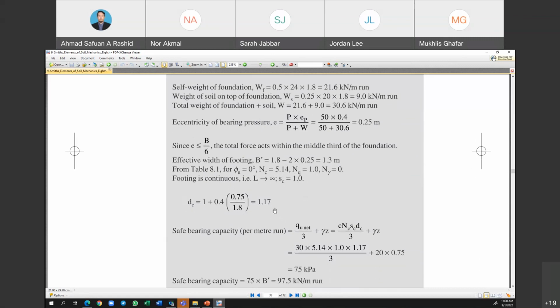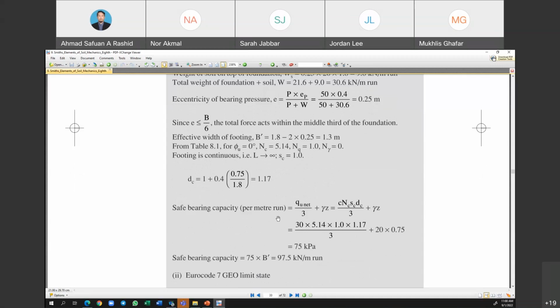By using the Meyerhof formula for the safe bearing capacity for the continuous footing, or for the strip footing, this is the formula: C NC SC DC over 3, plus gamma Z, and the value for the safe bearing capacity is 75.